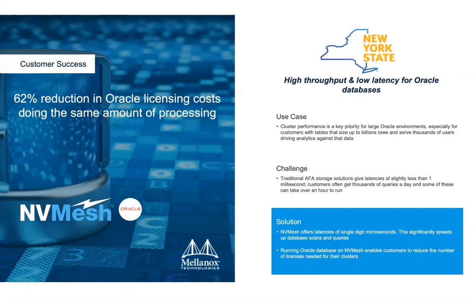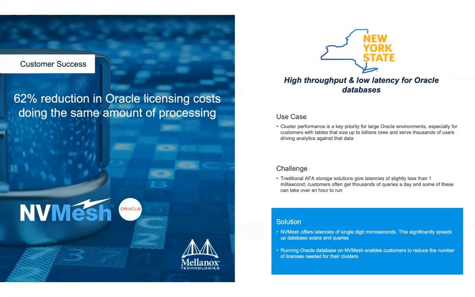They slashed their licensing cost by 62% because they needed so many fewer Oracle rack nodes to do the same amount of work on their analytics runs. So analytics via Oracle is a more traditional use case, but very widespread.